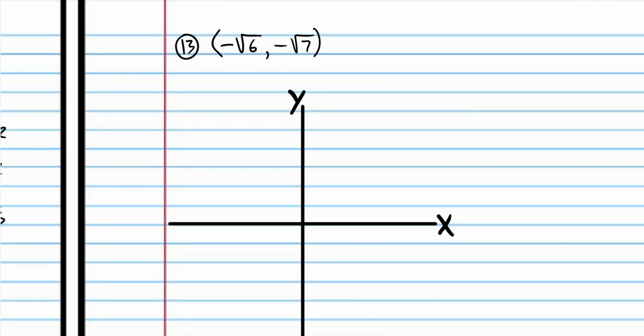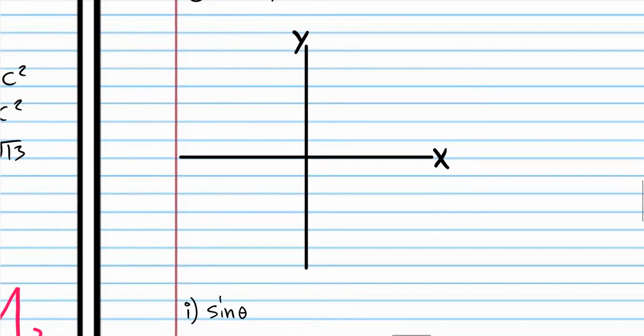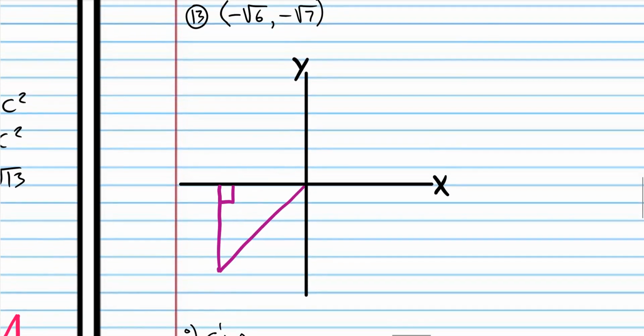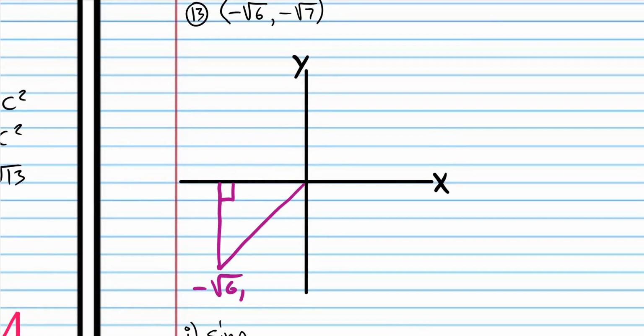Okay, we're back. So we're going to go to the left root 6 and down root 7. So that would be maybe about there. It doesn't have to be exact. So that point is negative root 6, negative root 7.